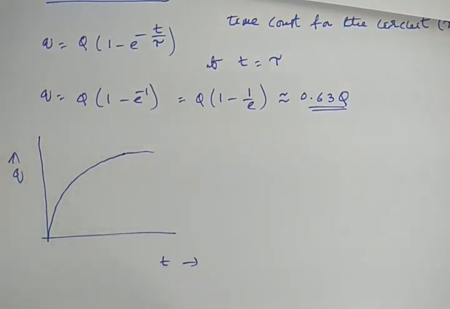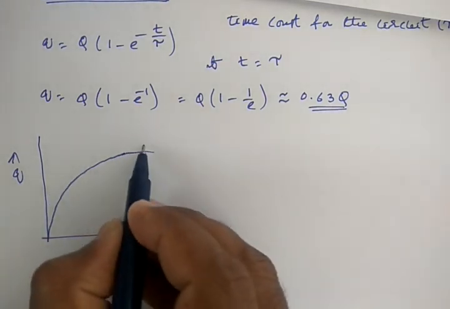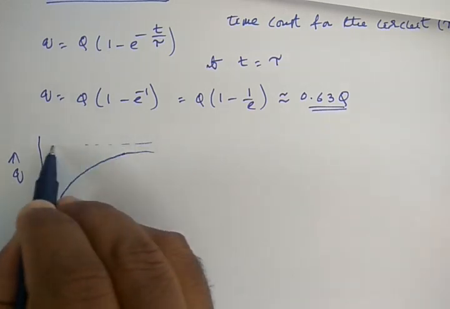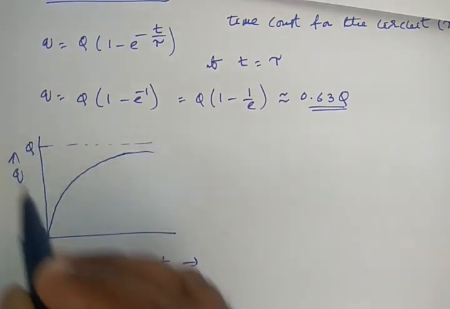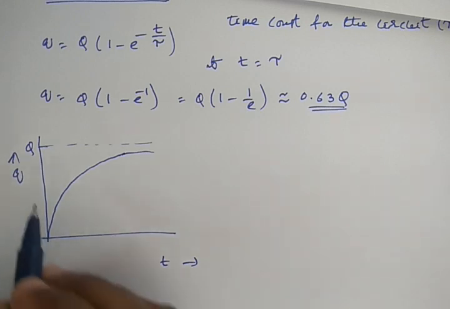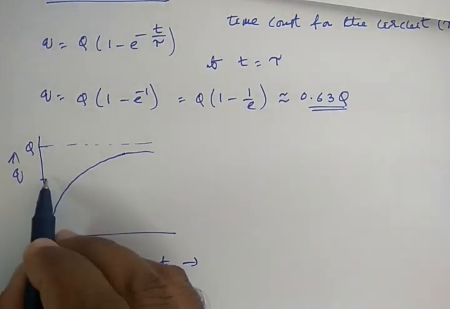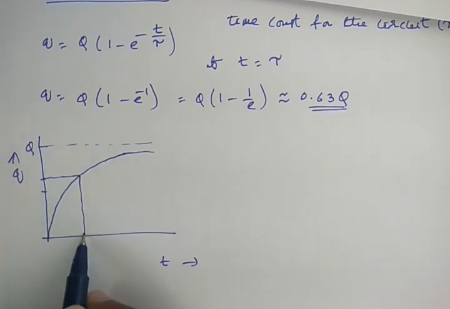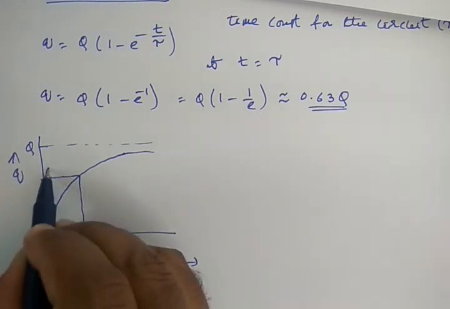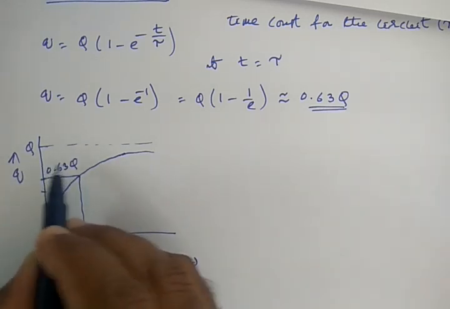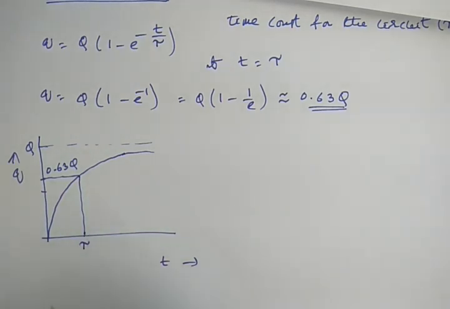We know that the maximum charge that can appear on the plate is Q. Let us say this is 0.5 Q, and maybe that is 0.6 Q. So the charge becomes 0.63 times maximum in one time constant.